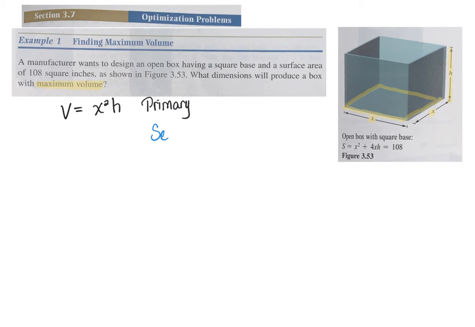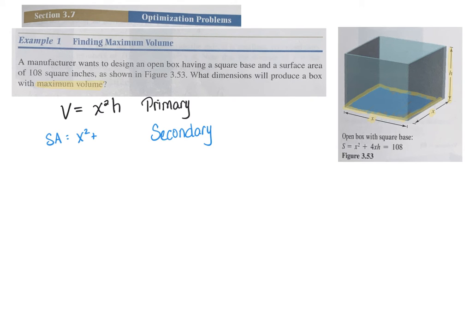And so we then have to figure out how I would calculate the surface area of this box. Well, surface area is the area of all the surfaces. The area of the base here would be x squared, and that's part of my surface area. My surface area is going to be that x squared, plus the area of my sides.